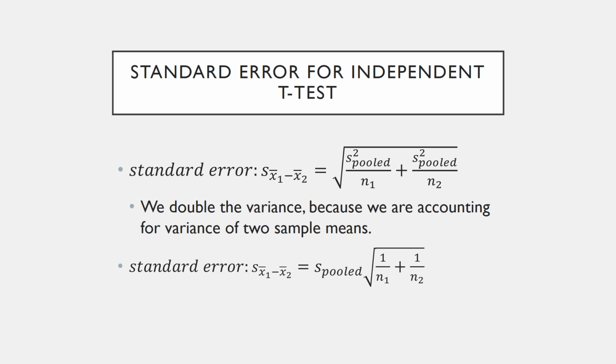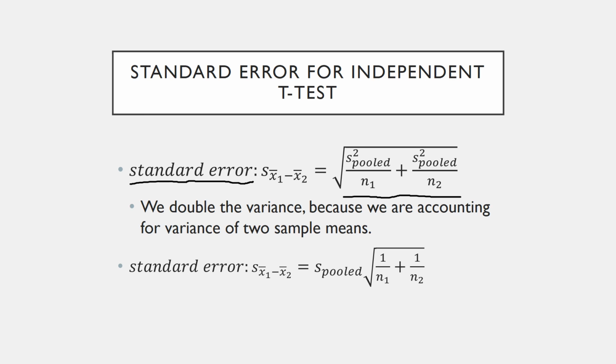So once we get the pooled standard deviation, we're going to use that to calculate the standard error for an independent t-test. And that equals the square root of the pooled variance divided by n for the first column plus the pooled variance divided by the n for the second column.